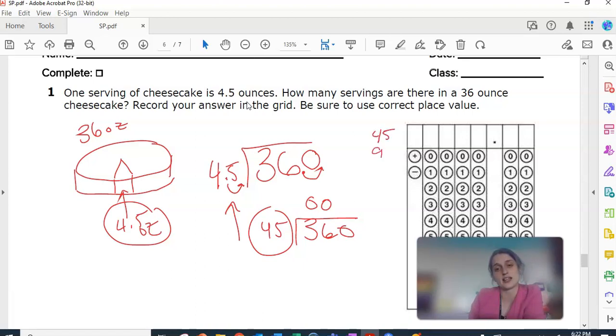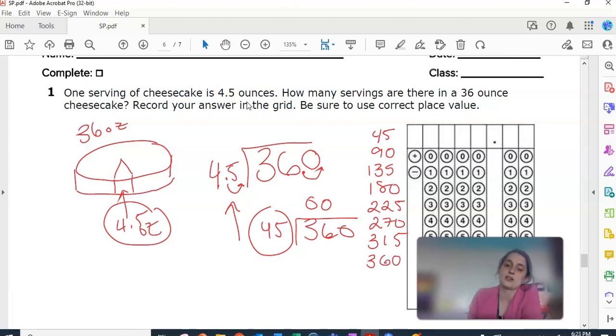45 plus 45 is 90, plus another 45 is 135, plus another 45 is 180, plus another 45 is 225, plus another 45 is 270, plus another 45 is 315, plus another 45 is 360, plus oh, there it is. 1, 2, 3, 4, 5, 6, 7, 8.